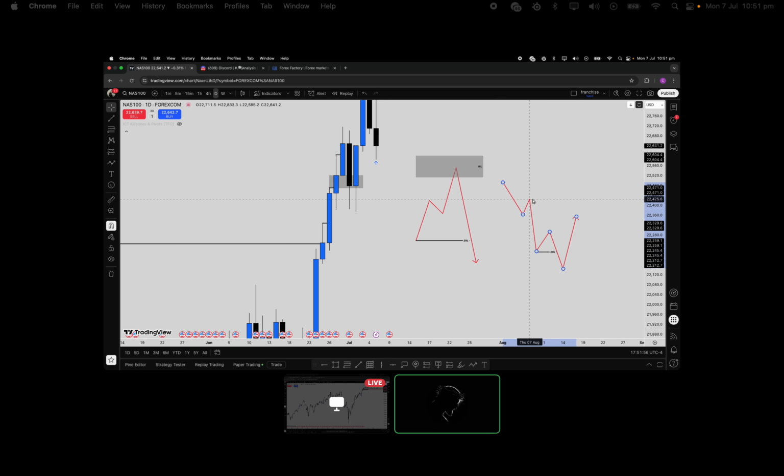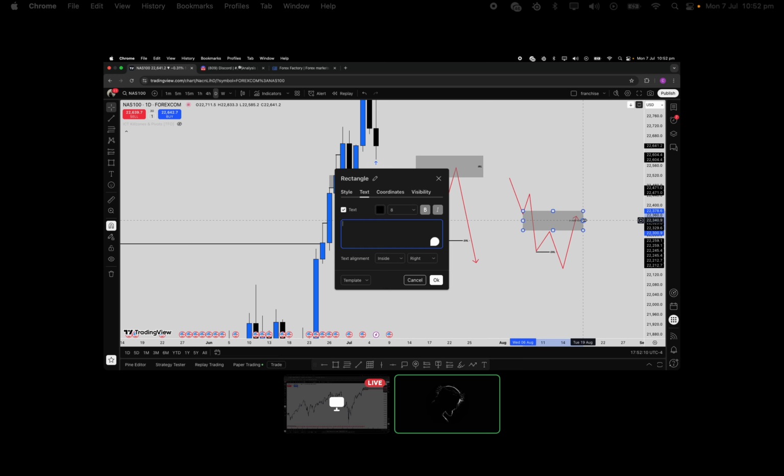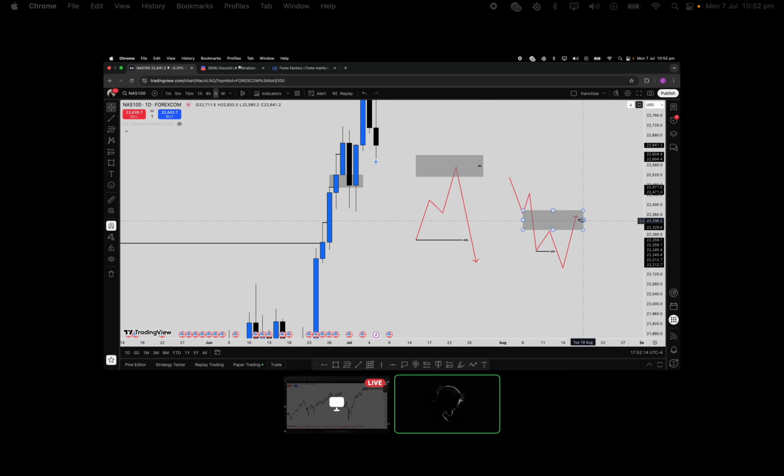I know it's a bit ugly drawing. That is it. That's all the market does. And if it's not clear where we're going, then we shouldn't be trading.